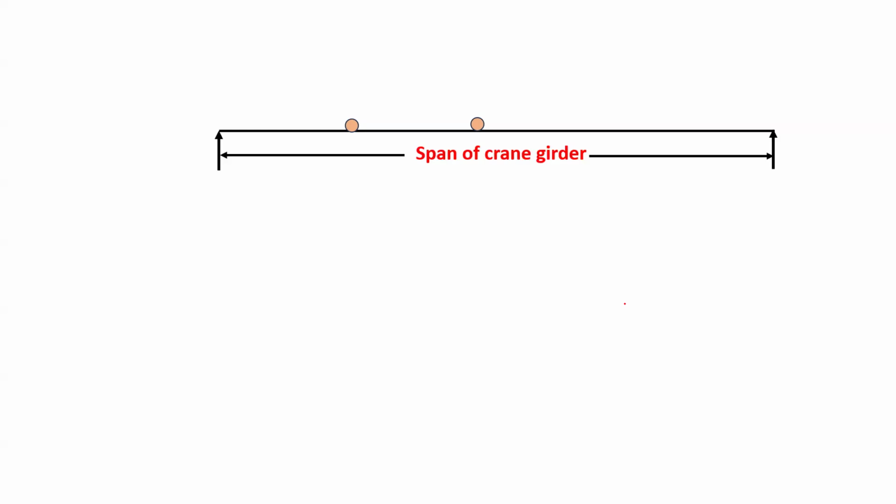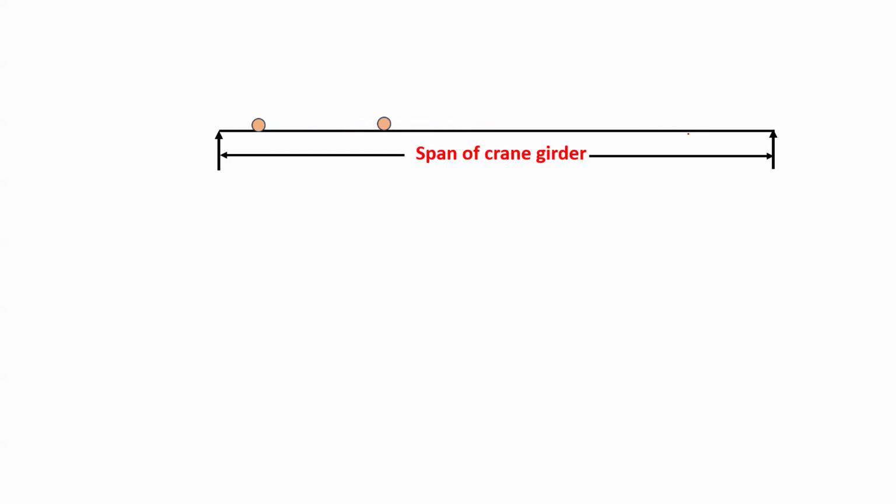So these two wheels move in lateral direction, and the wheels of the crane girder will move in longitudinal direction, perpendicular to this. So now we have this crab which will move towards the reaction, maybe left or right, and that reaction is again two wheels of the crane girder which will move on the gantry girder.